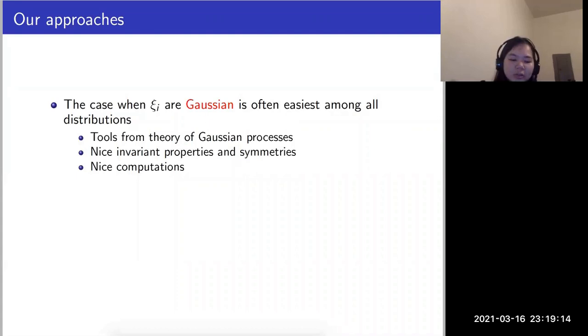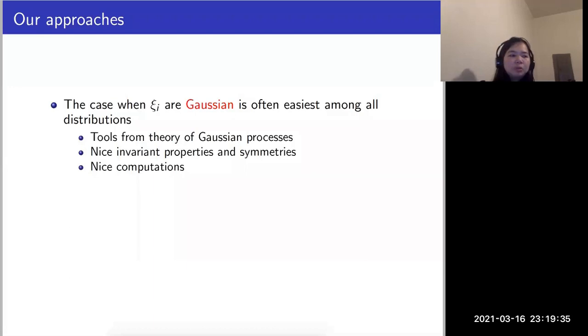First step is we try to understand the Gaussian case, meaning the case when the ξ_i are Gaussian, also known as normal, the bell curve. These are usually the easiest ones to understand because there are numerous tools to use.